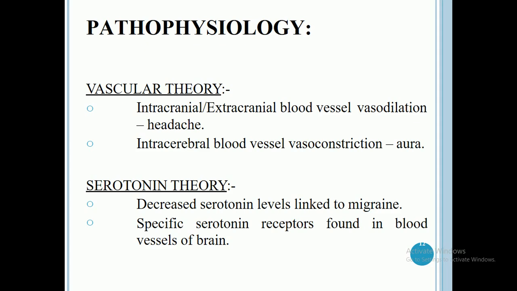The second theory is the serotonin theory. The serotonin theory explains that a decreased serotonin level is linked to migraine. So especially in migraine, when the serotonin level becomes decreased, there may be chances of migraines.